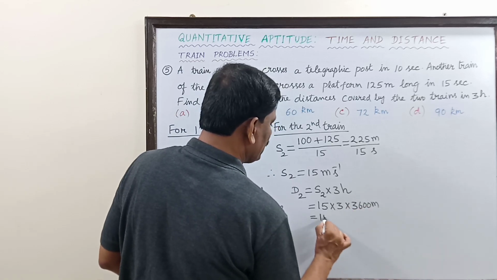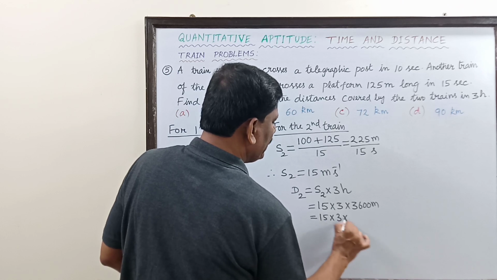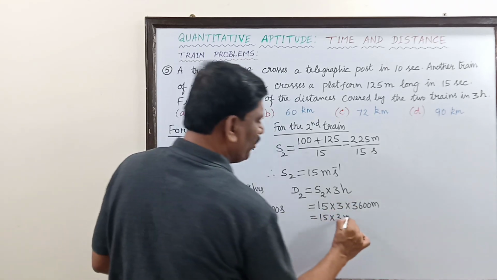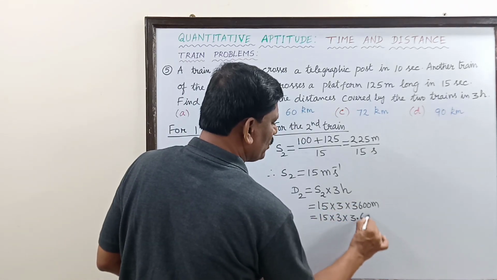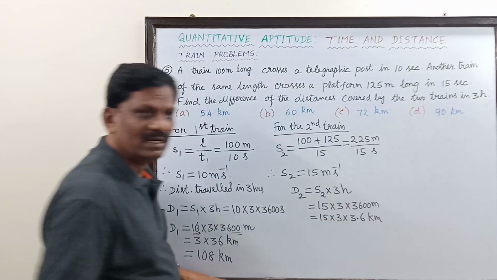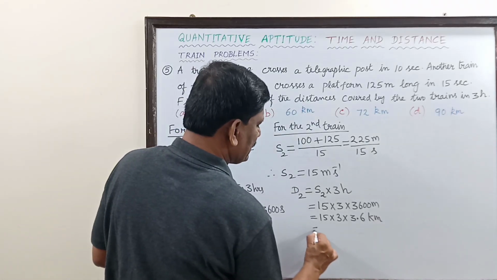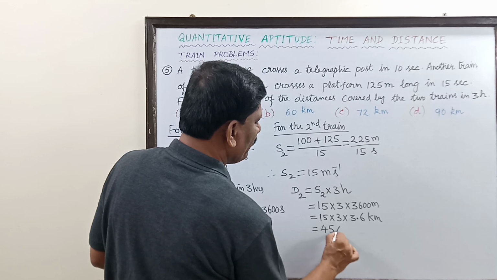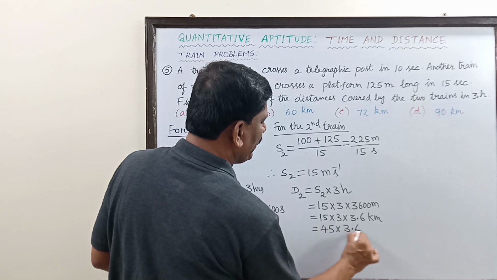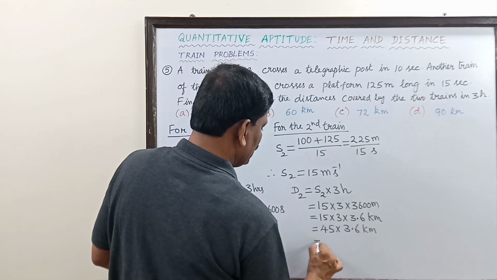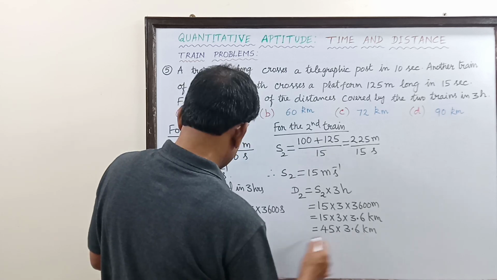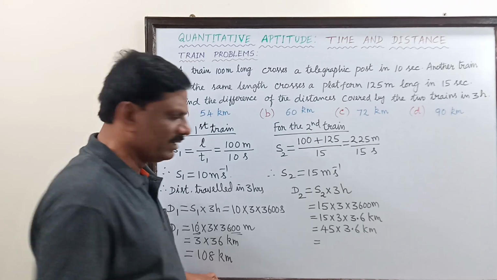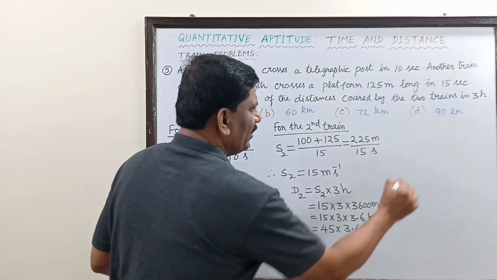So this is equal to 15 into 3 into, I convert 3600 meter into kilometer, how? By dividing by 1000, so that it will become 3.6 kilometer. So this is now equal to 15 into 3 is 45, 45 into 3.6 kilometer.